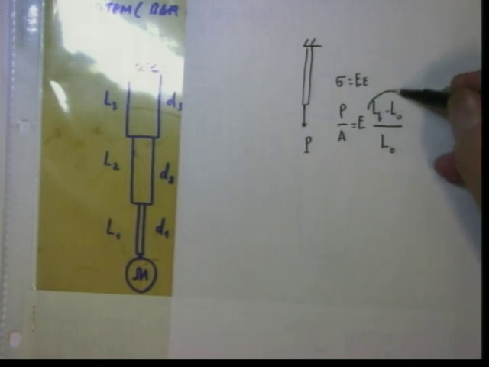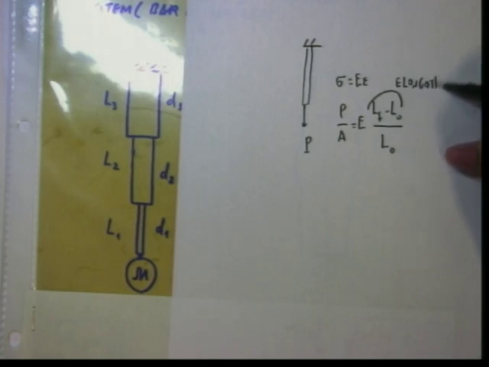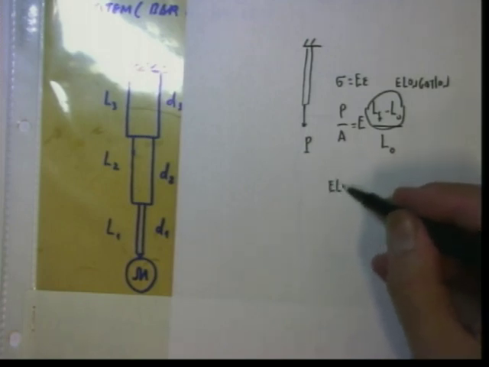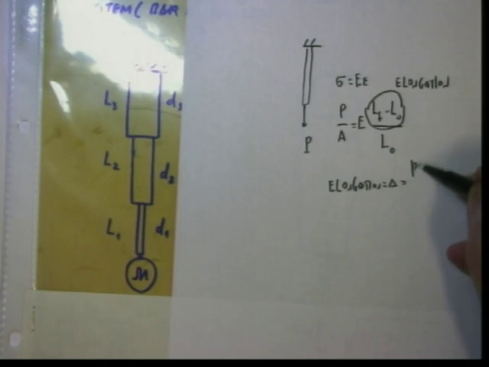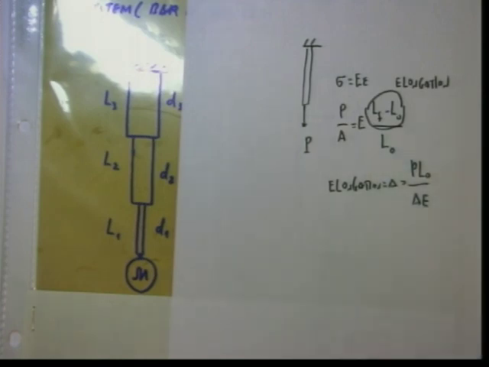So this is an elongation, which equals delta. Then I have to multiply P times L sub 0 over AE. It's a very simple formula. So delta equals P times length over AE.